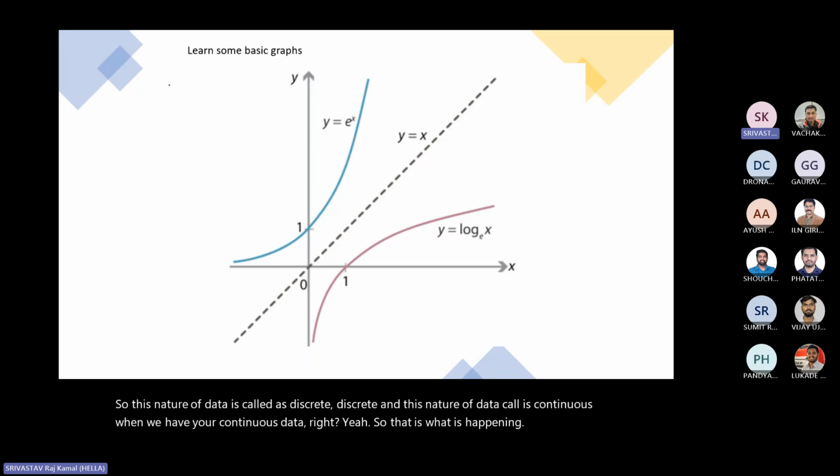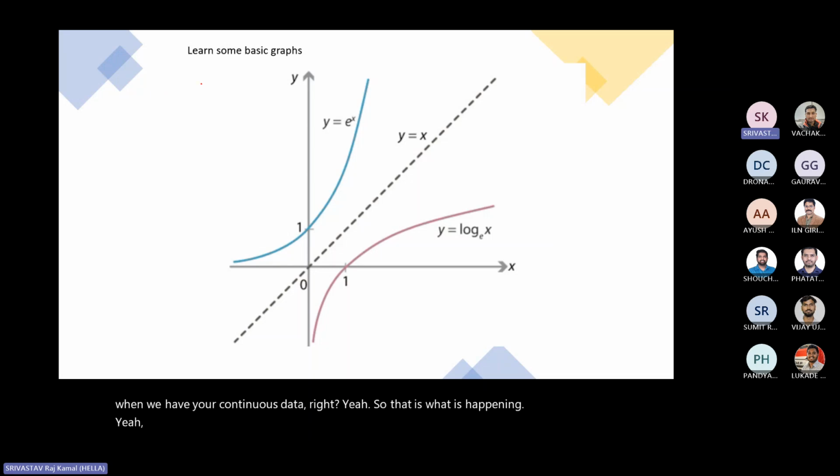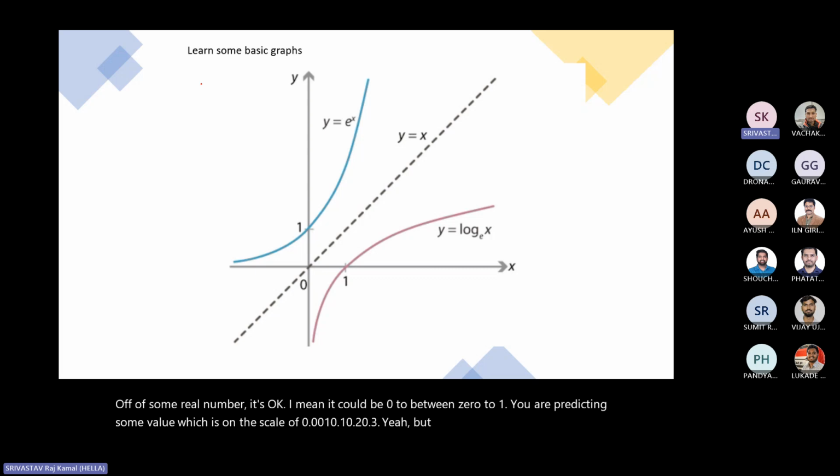So in summary, if you are solving any problem where you need to predict something which is continuous in data, some real number, it could be between 0 and 1, say on the scale of 0.001, 0.1, 0.2, 0.3, but continuous, that's linear regression. But when we want to classify into classes, 0, 1, spam, not spam, these are discrete values.